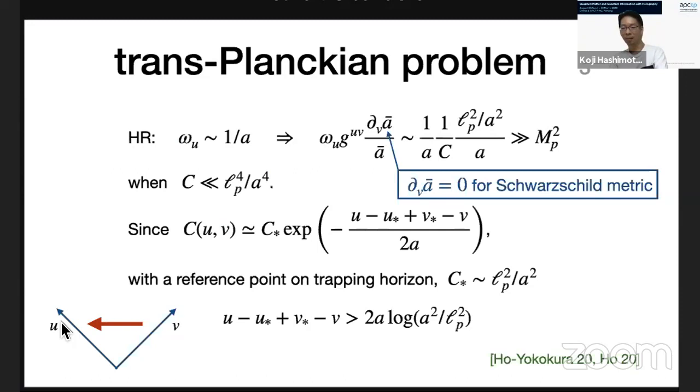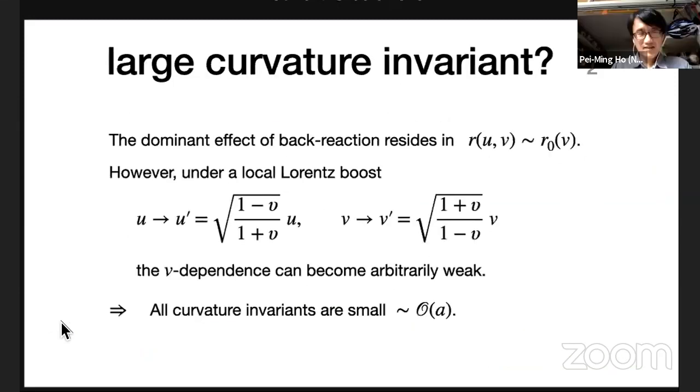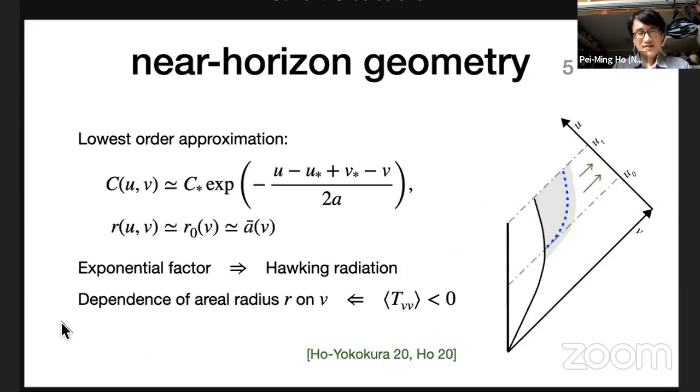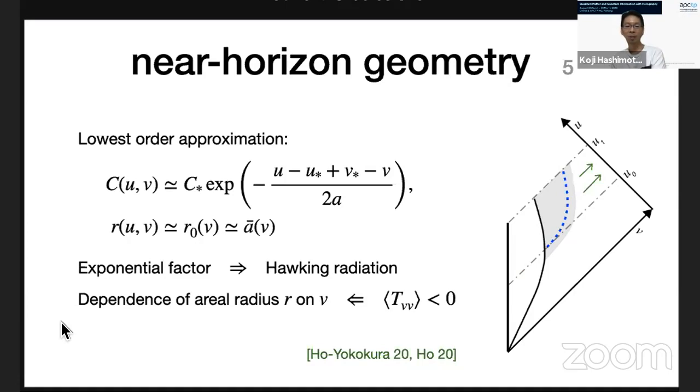May I have a question? Yes. So my concern was that previously you said that the region of this gray part in your Penrose diagram is very small. Yes. But for this condition to actually happen, don't you need to take U minus V to be large?